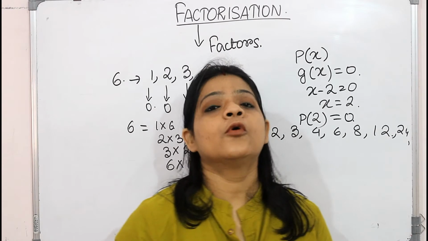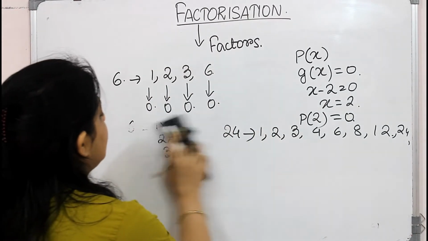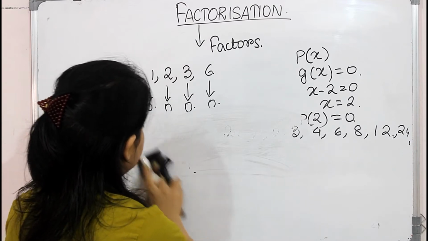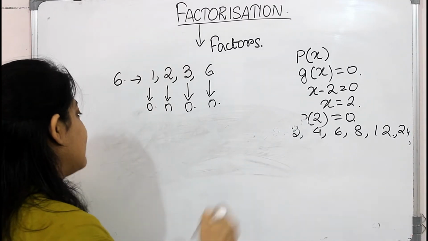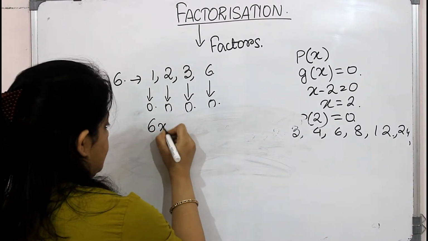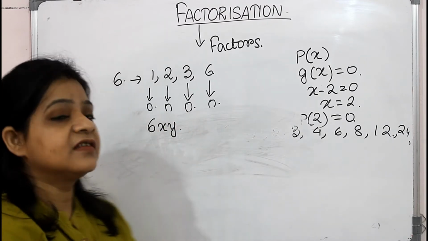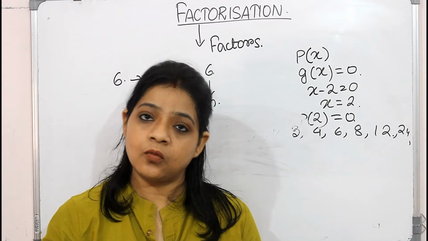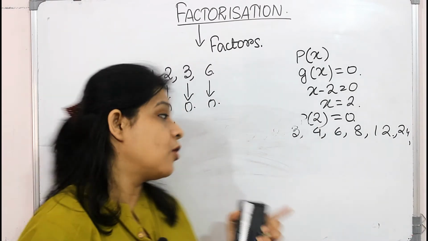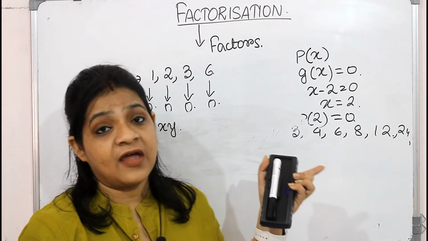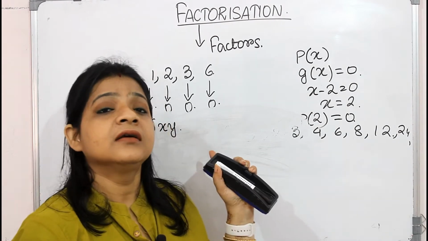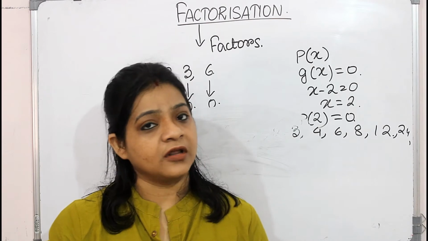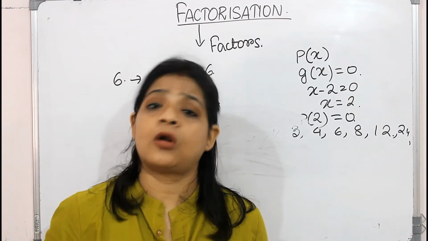Suppose 6xy. 6xy is a polynomial. Why is it a polynomial? Because there is a constant, there is a variable, and it has positive exponent powers.